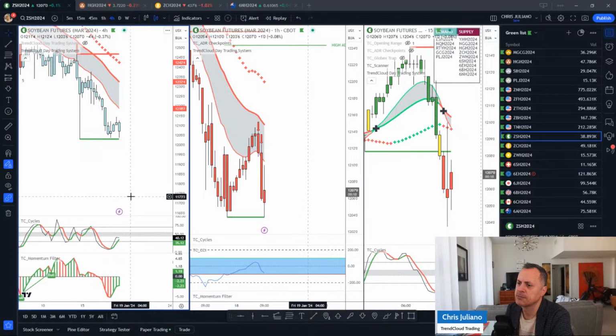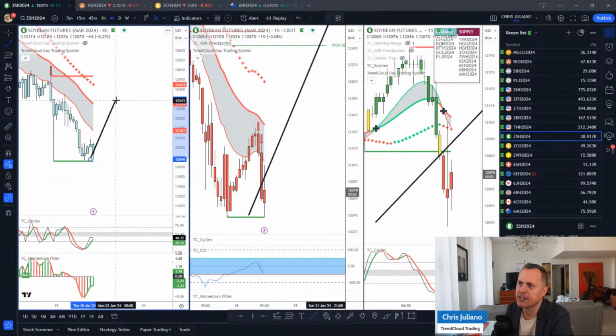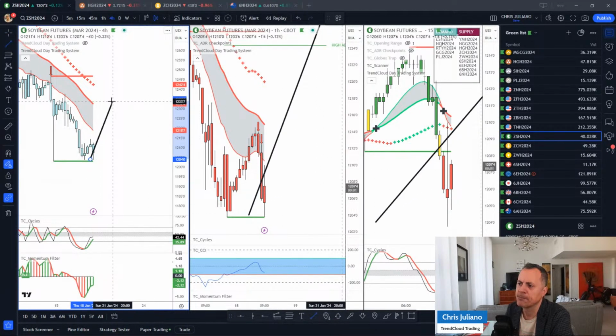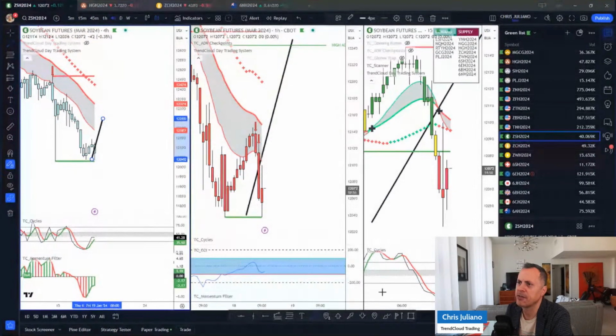Momentum is down. 4-hour chart, momentum is up. So this momentum on the 4-hour chart is a leading indicator and starting to make its move back up into that 4-hour trend cloud there.